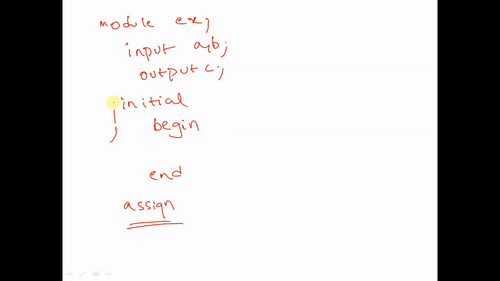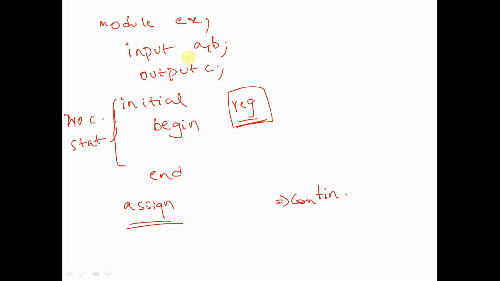So for now, this initial begin is a procedural statement, and this assign is a continuous statement. In procedural statements, we can only use the reg data type. If I declare another output as reg D, then in procedural statements we can use only reg type.